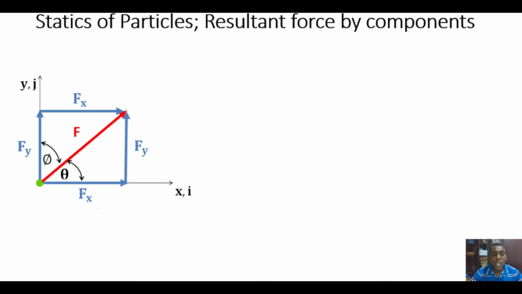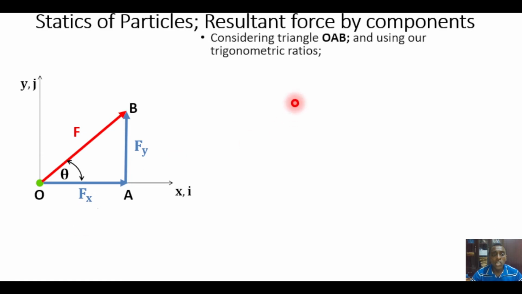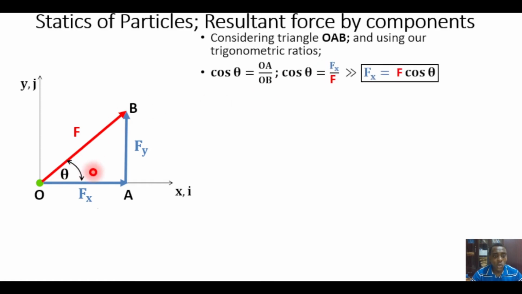Alright, so let's look at this one. So what can we say? So let's consider, considering triangle OAB and using our trigonometric ratios, let's go. What can we say? Cos theta. So what is cos theta? Cos theta is OA over OB.